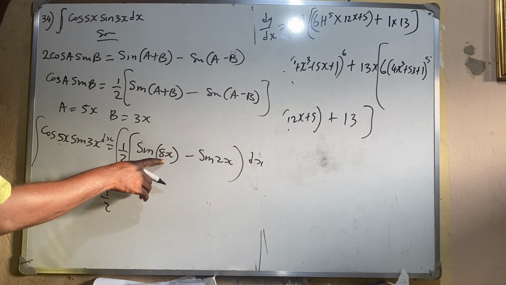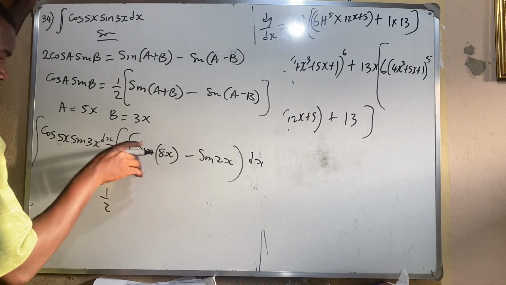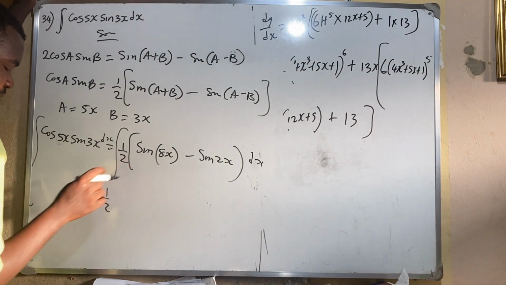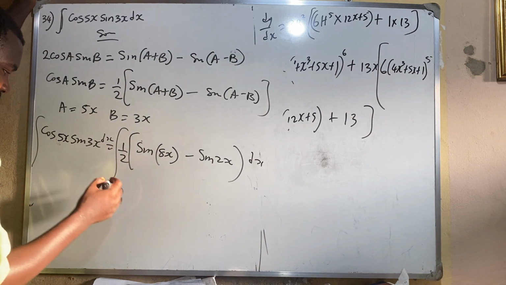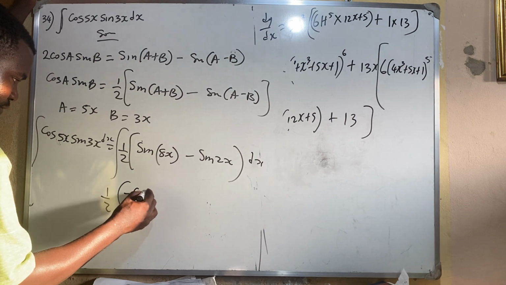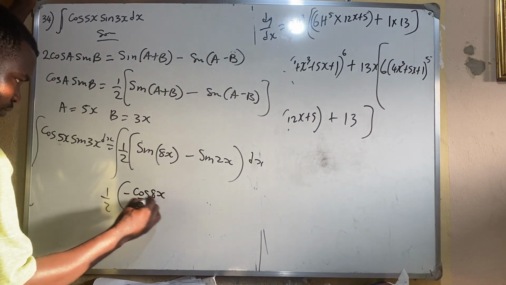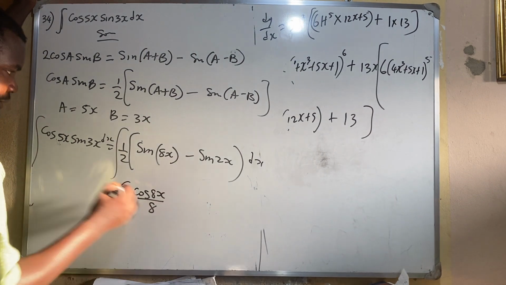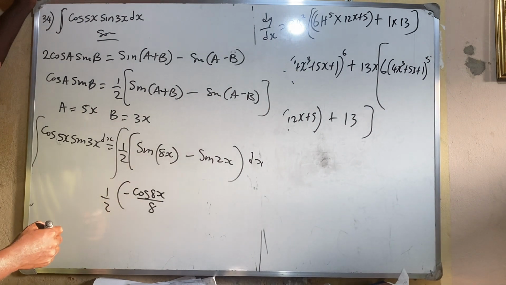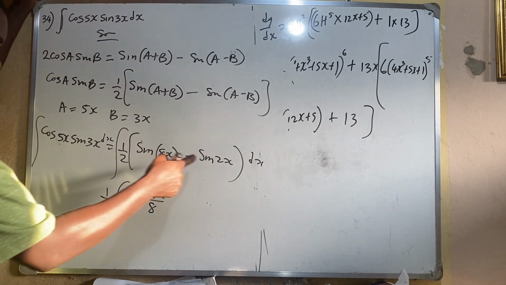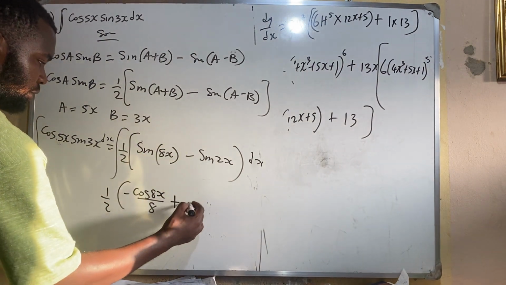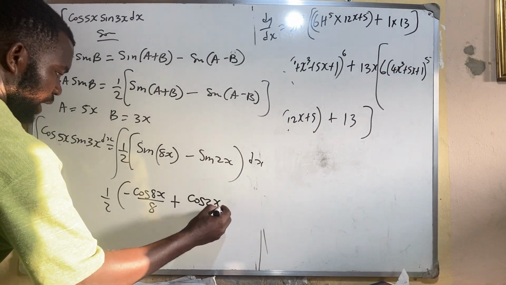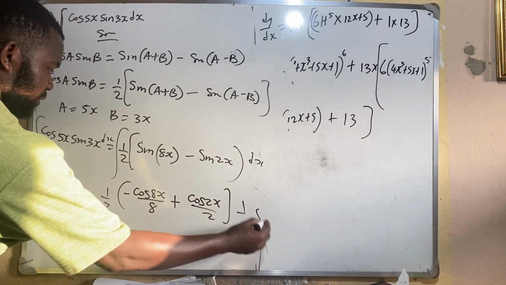The differentiation of this will give you 8. The integration of sin is minus cos. So I'm going to have minus cos 8x over 8, and the same thing here, plus cos 2x over 2, then plus a constant.